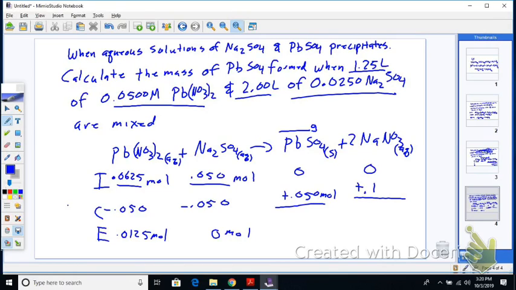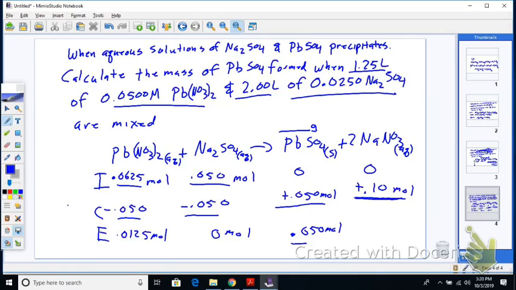Plus 0.10, right? Oh yeah, because there's a 2 in front of it. But you just got to be careful of that when you do this, that you see the ratio, and this ratio down here has to be 1 to 1 to 1 to 2. So this here, I make 0.05 moles.